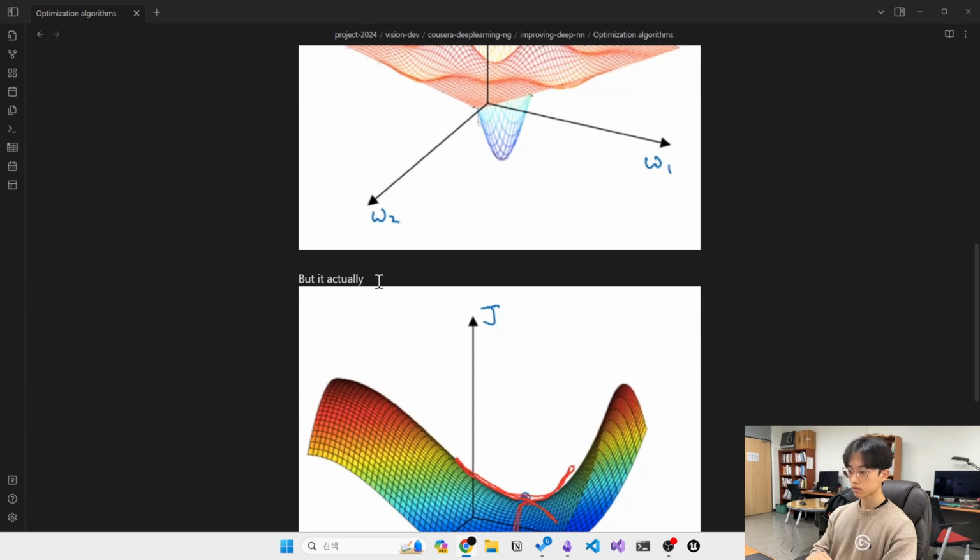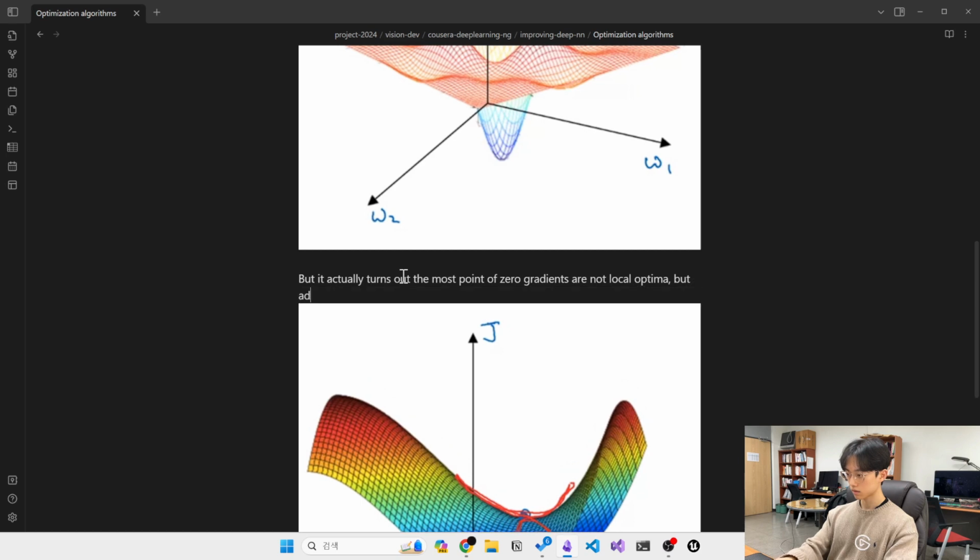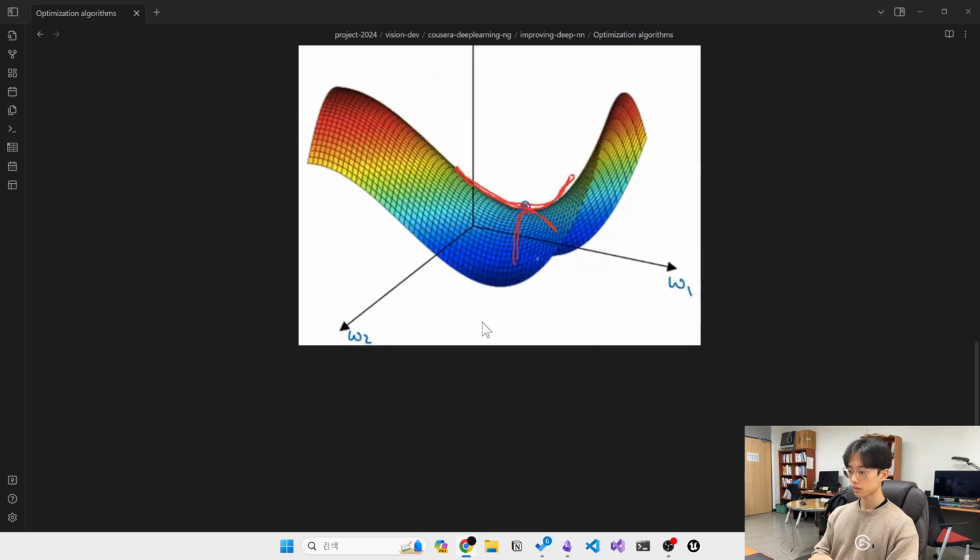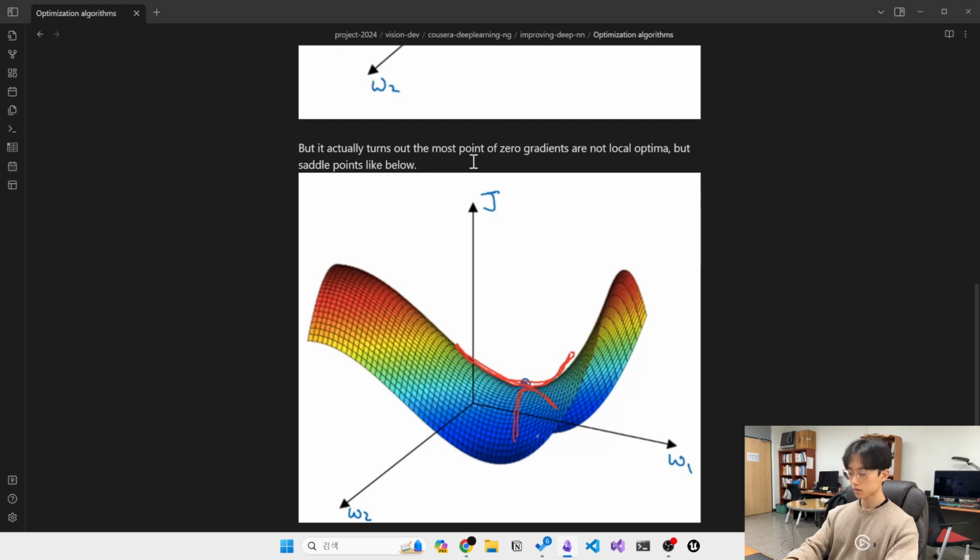It turns out if you train a neural network, most points of zero gradients are not local optima, like points like this.